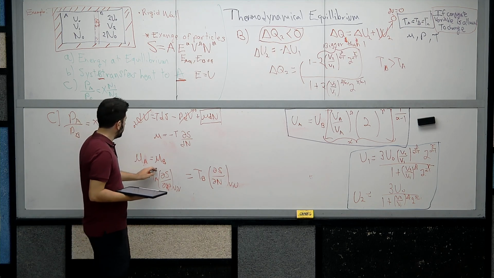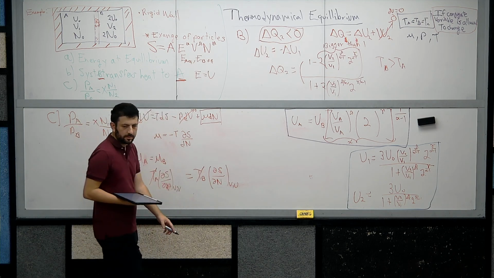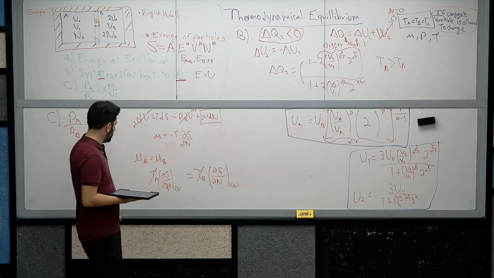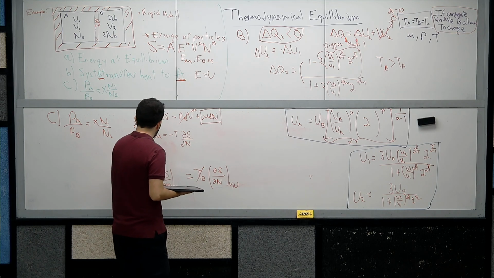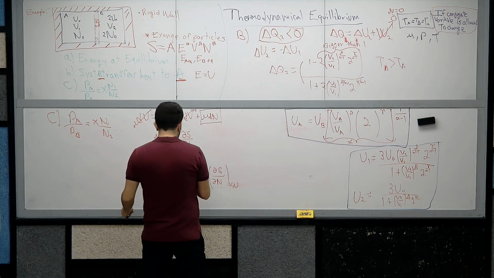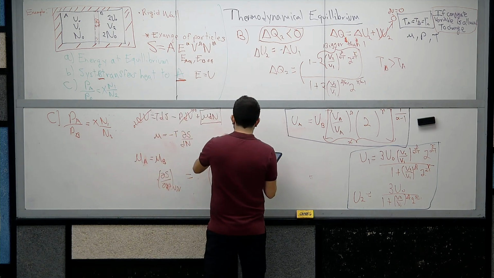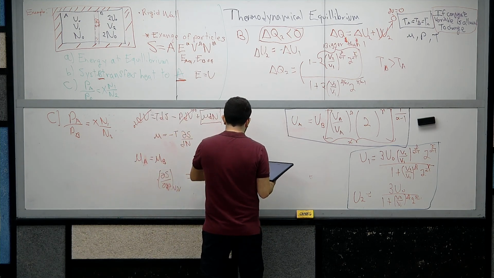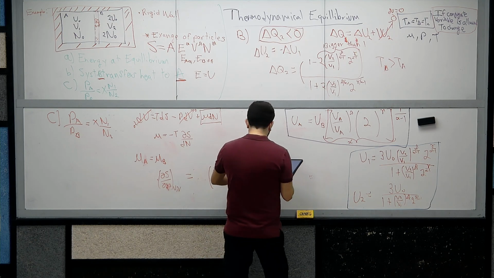We can say just the temperatures are equal, right? Just the same. So then we're left with the variation of the entropy, which gives us, this is the same dot.